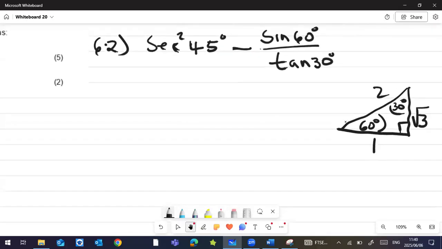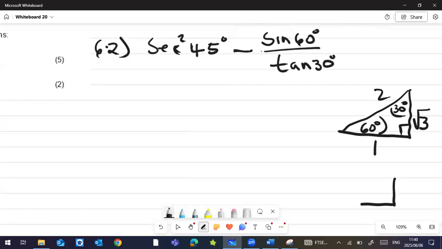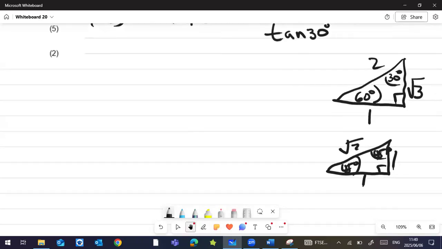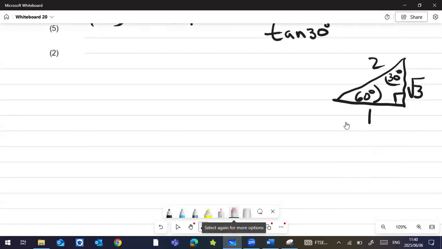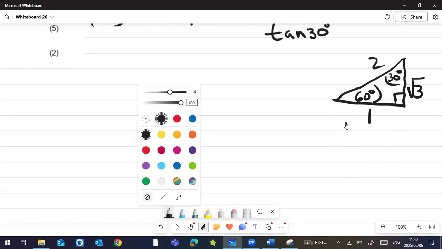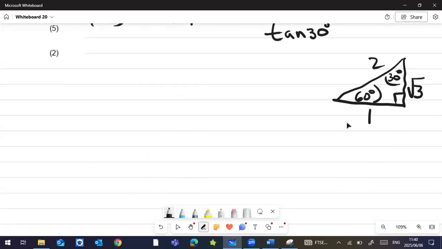And then for 45, the triangle: if this is 45 here, 45, then 1, 1, square root 2. This is 90. Let me redraw this one of 45 so that we can clearly see our 45.